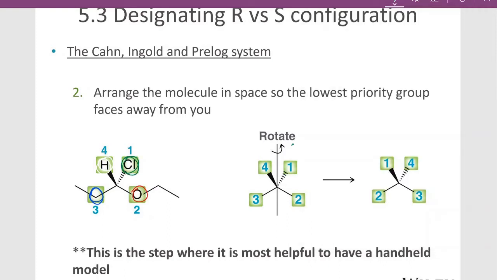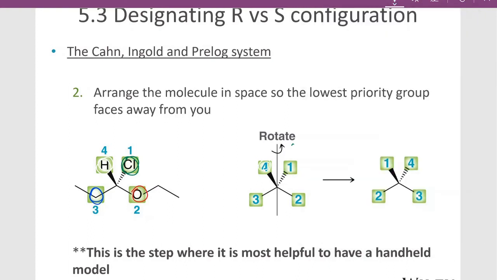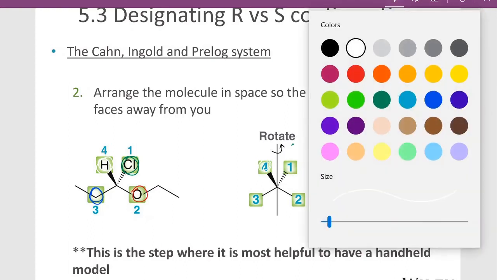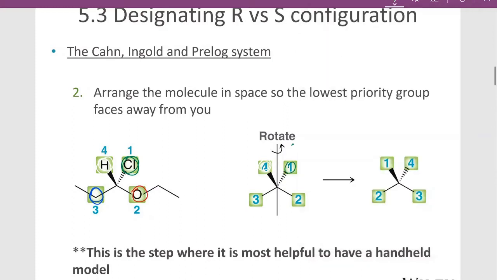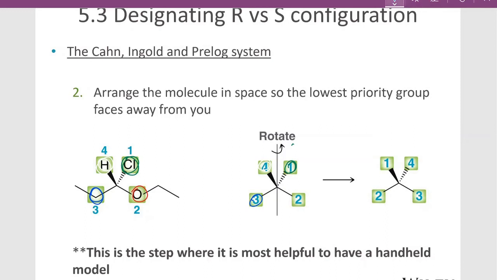So if we rotate that around, our 4th priority group was white, right? Our 1st priority group was green. Our third priority group was blue, and our second priority group was red.